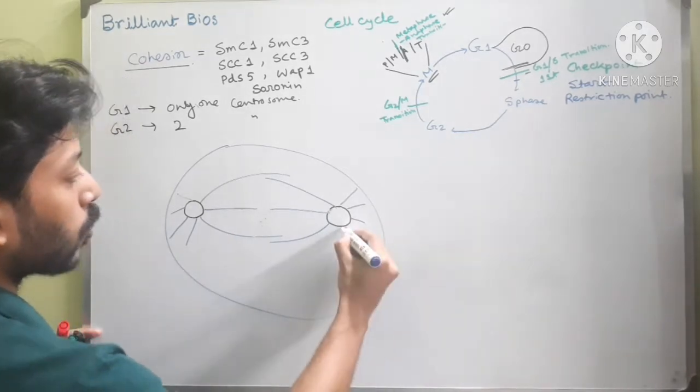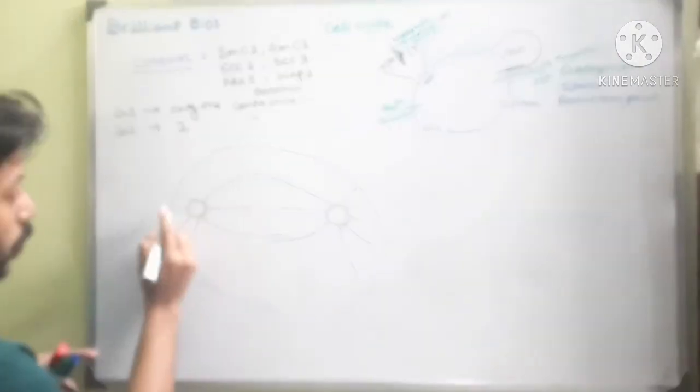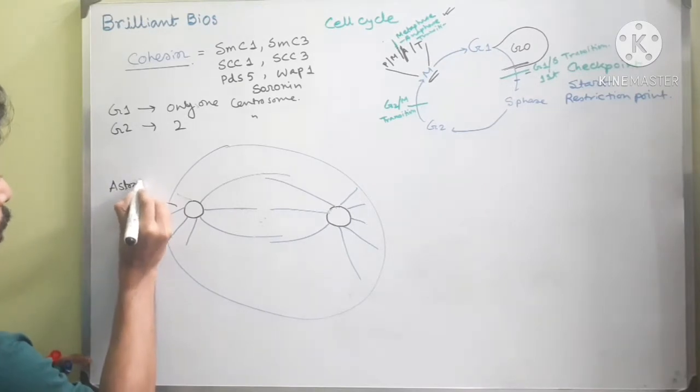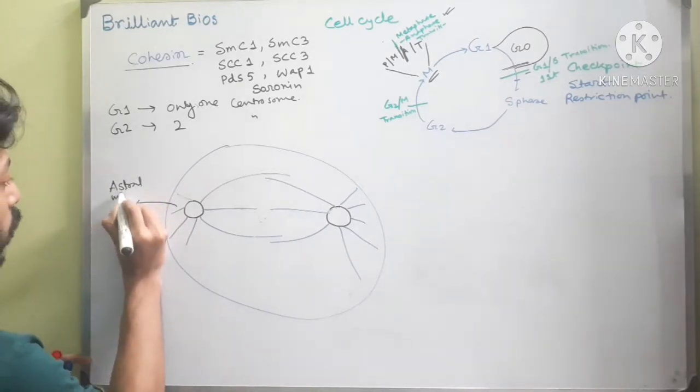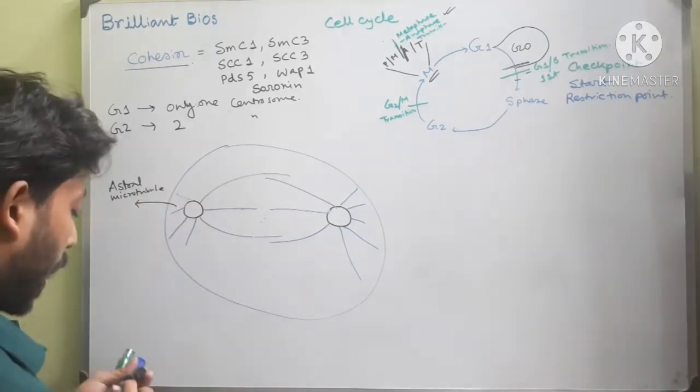The two centrosomes radiate microtubules. This type of microtubule is called astral microtubule.